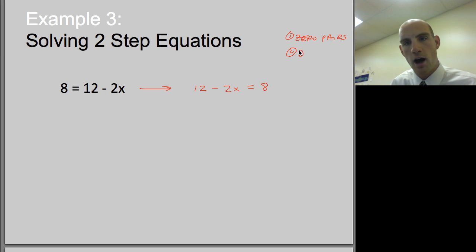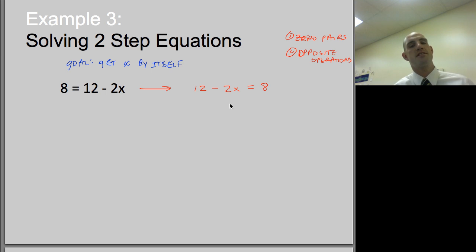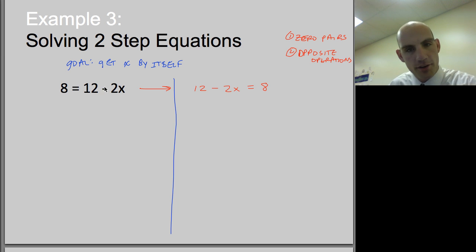Step 2, opposite operations. Goal: get x by itself. And so let's work. Whether I'm working over here or over here, it doesn't really matter. I'm going to work on the side with this black because we're going to get used to seeing it like that, but you can rewrite it if you'd like.